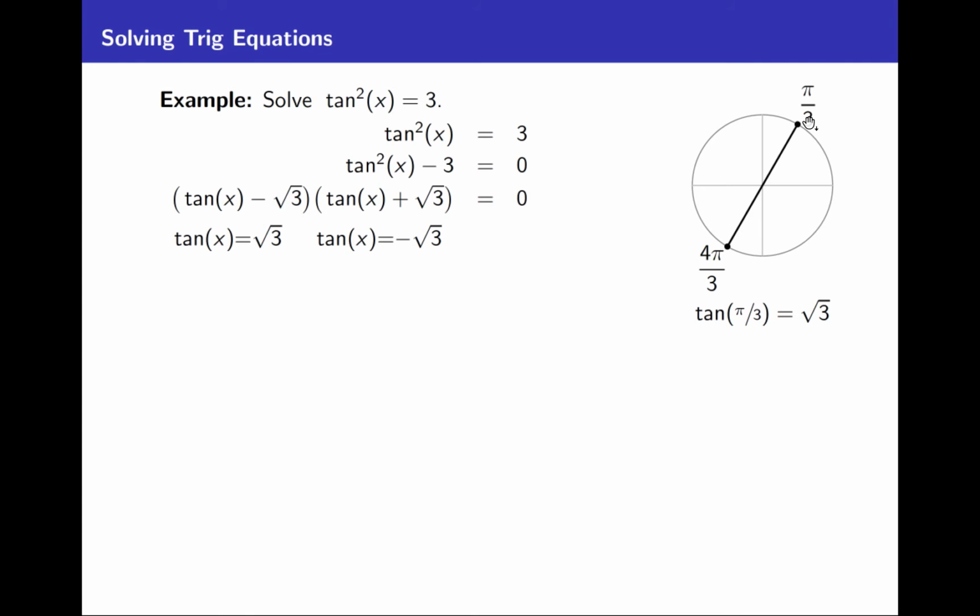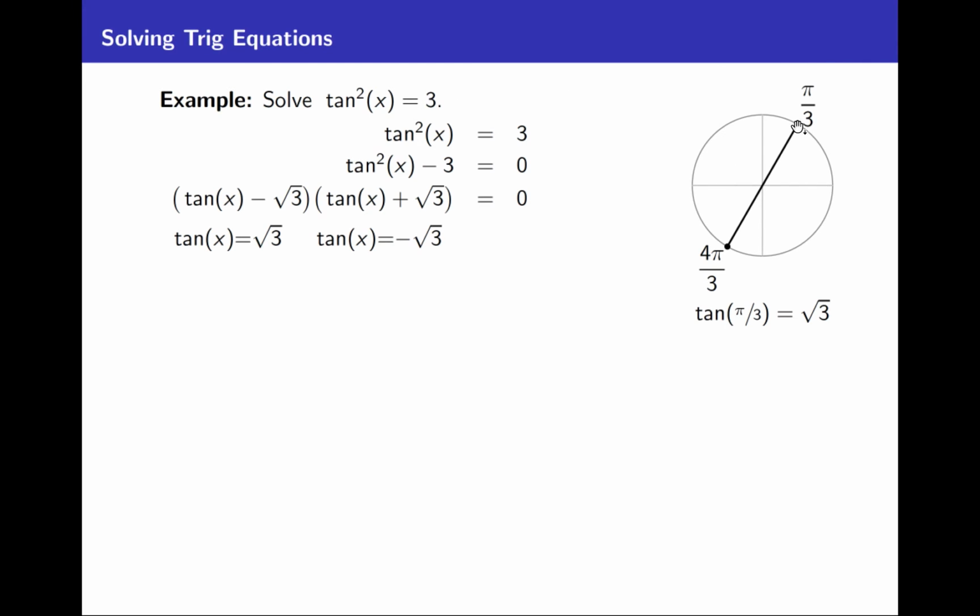But remember from a couple of slides ago, you could also add odd multiples of pi, like 4 pi over 3. Tangent of 4 pi over 3 is also equal to square root of 3. So these are two values of x, pi over 3 and 4 pi over 3, for which tangent of x equals square root of 3. So those are two solutions of the trigonometric equation that we're trying to solve.